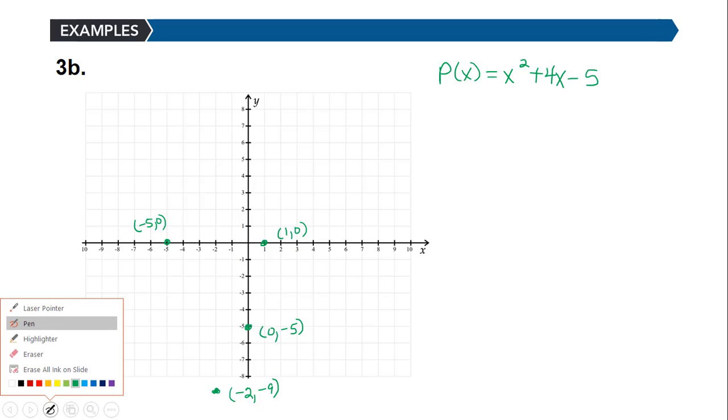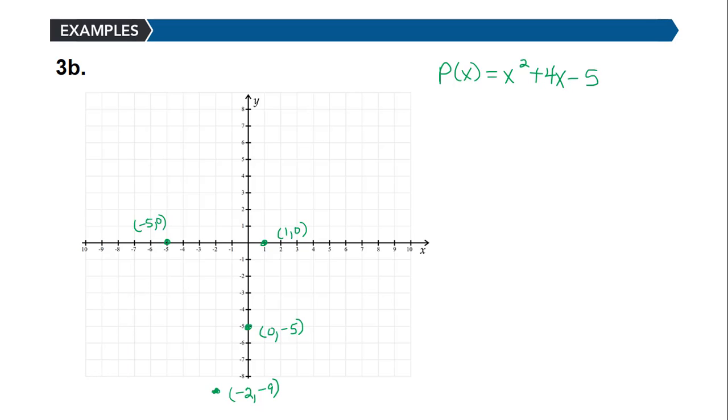And then also keep in mind that we have this axis of symmetry, that is this vertical line drawn through our vertex, so that is a vertical line drawn through negative 2. So here again, it's going to help me identify some other points on the graph. Notice that to the left and right of the axis of symmetry, if I go left and right 3 units, I get my intercepts.